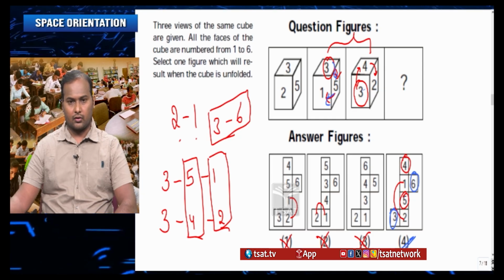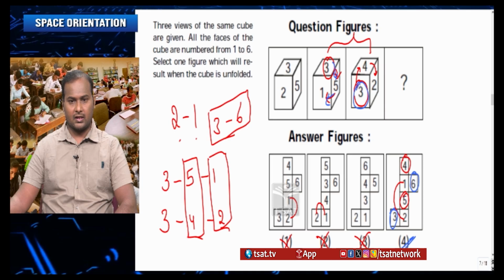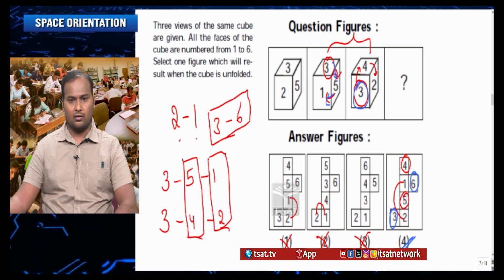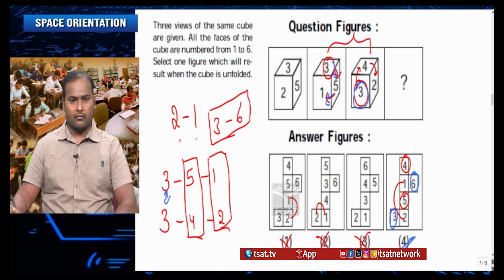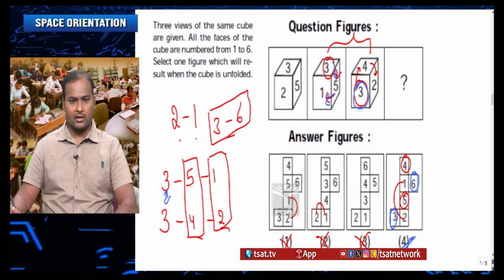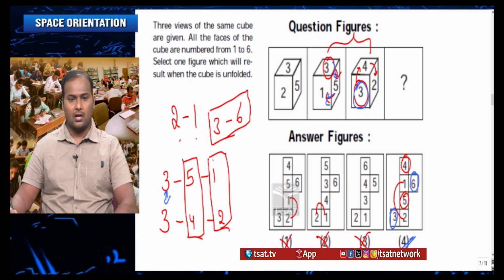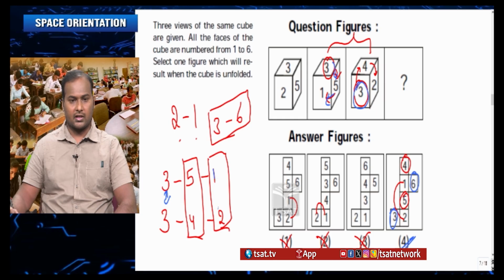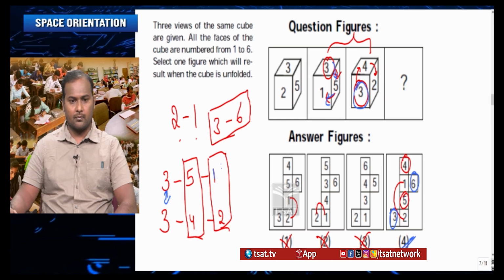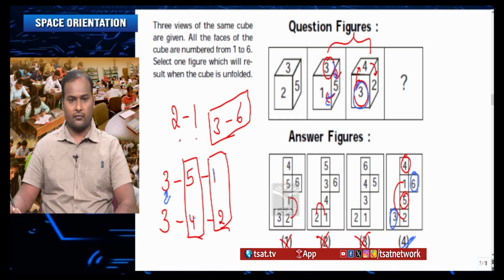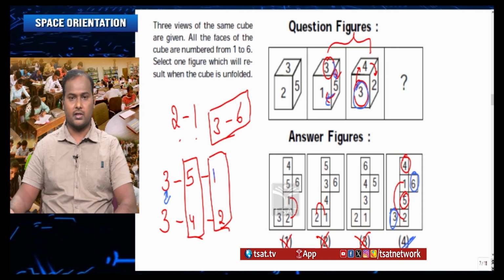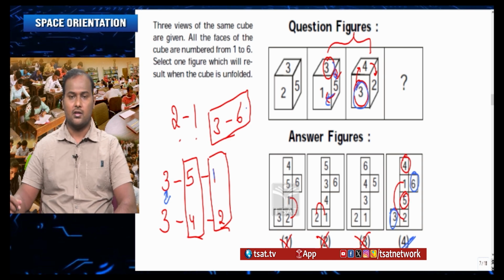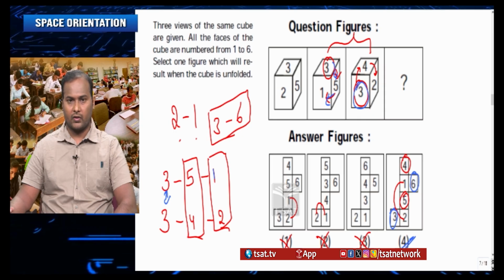And in the other cube, from the common 3, if I move clockwise, I got 4 and 2. So from the common 3, the next one is 5 and the next one is 4. Obviously they became opposite, and in the clockwise direction we got 1 and 2 and they also became opposite. So once 5 and 4, and 1 and 2 are opposite, the remaining faces 3 and 6 became opposite. After finding out the opposites, check with the options, you will get the answer.